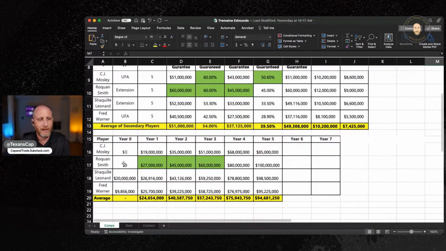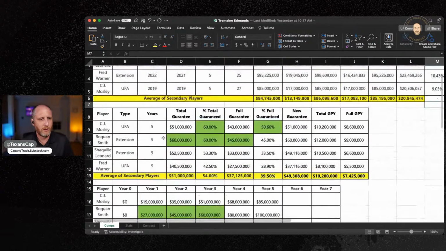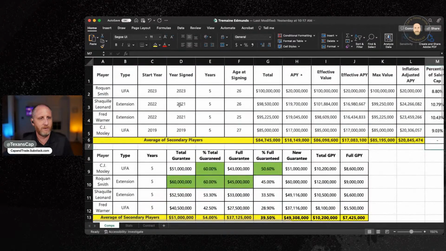Now we're going to look at cash flow. So year over year, you just add the cash up that player earned year over year, and you get a running cash flow. So the year 0, that's the players on extension, Shaquille Leonard and Fred Warner. So Shaquille Leonard signed his extension in 2021. He was under contract for 2021. I think he signed it that summer.